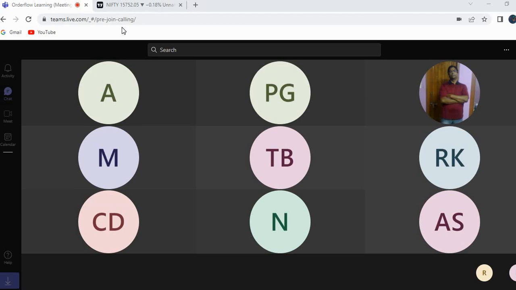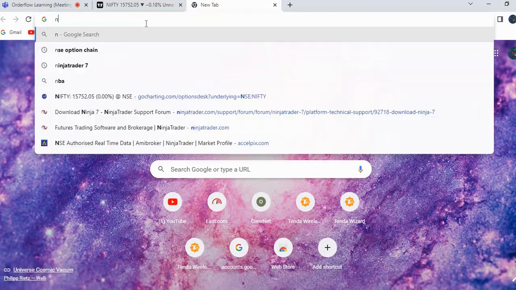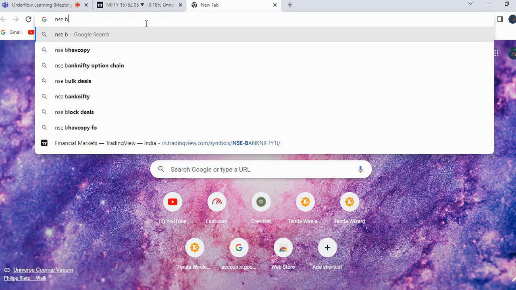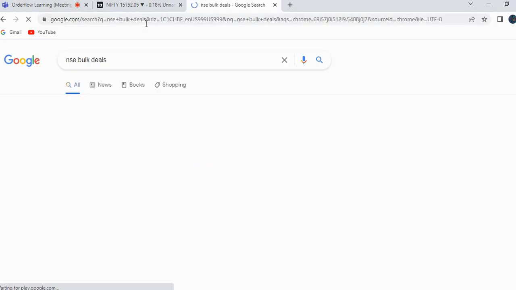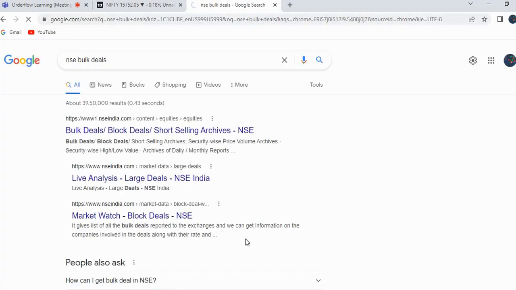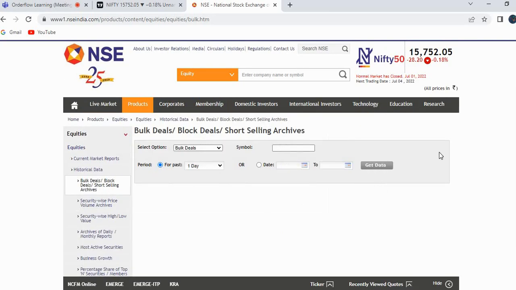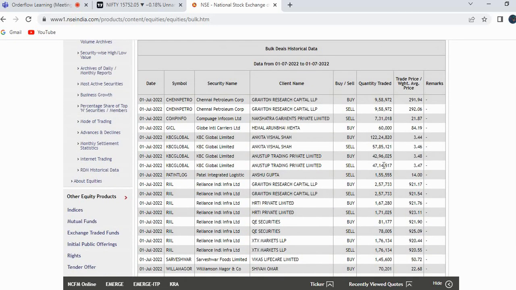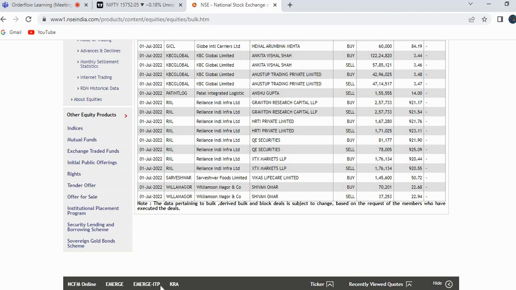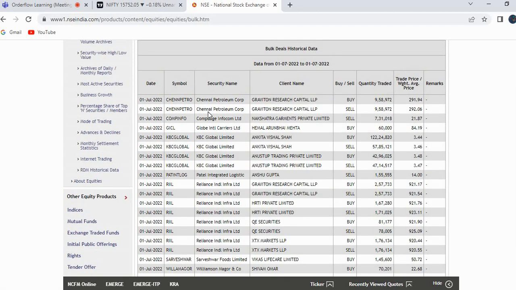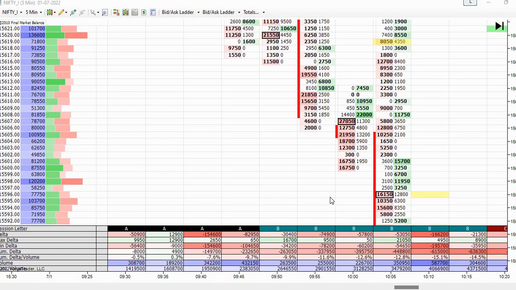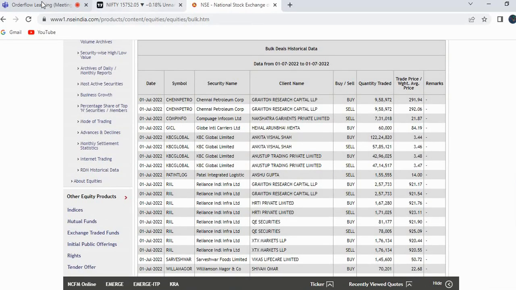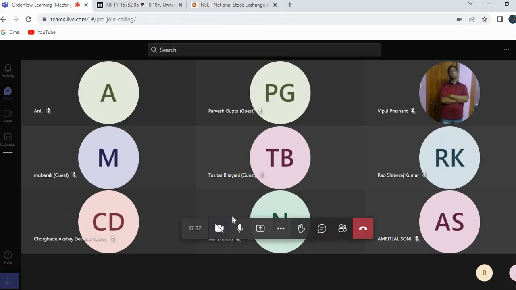If you check NSE data, they have bulk orders or bulk deals, right? If a stock has a bulk deal on a particular day, we can go and check it using order flow. I only have data for futures, so if it's one of the futures stocks, of course we can check that script and see what actually happened during that time.